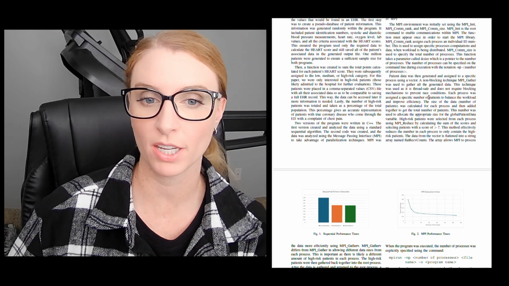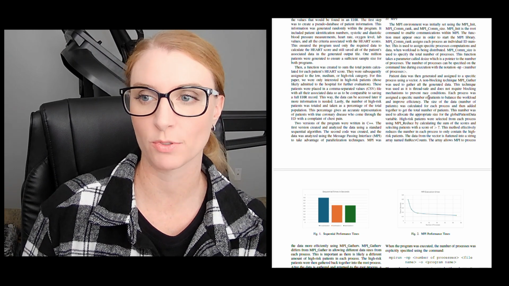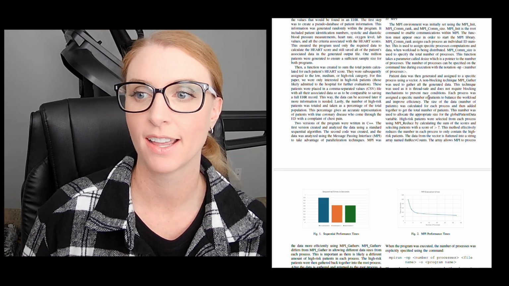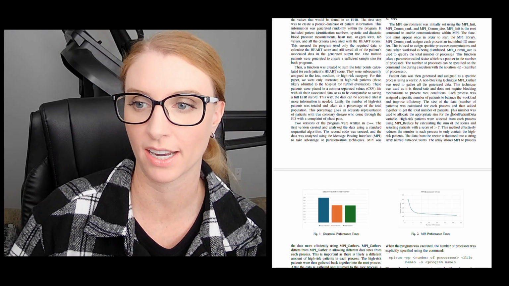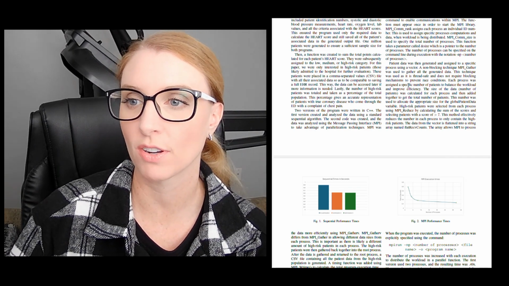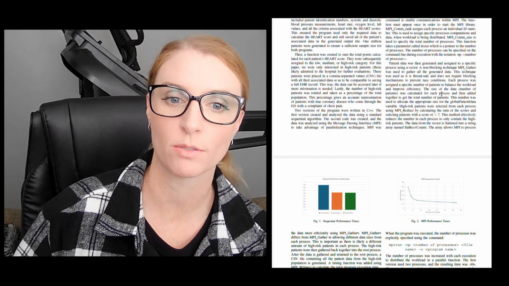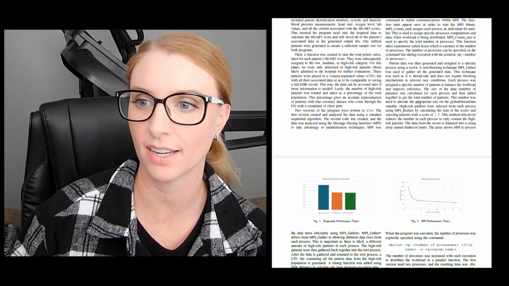So the million patients were separated into separate processes. Each process was responsible for generating the data, analyzing the data, and saving the high-risk patient information. After it was all gathered, the MPI reduced it into the high-risk patients that we needed.